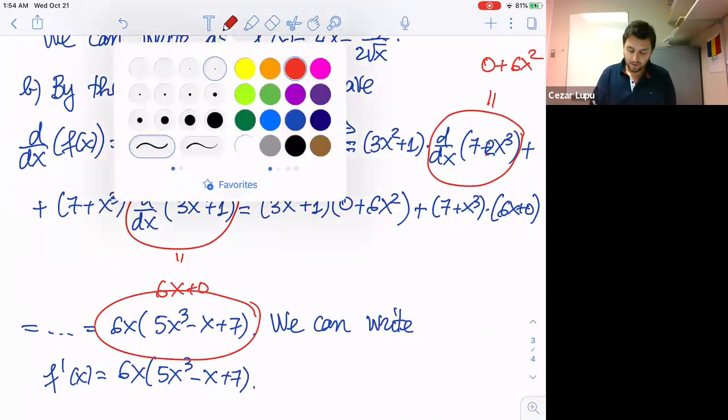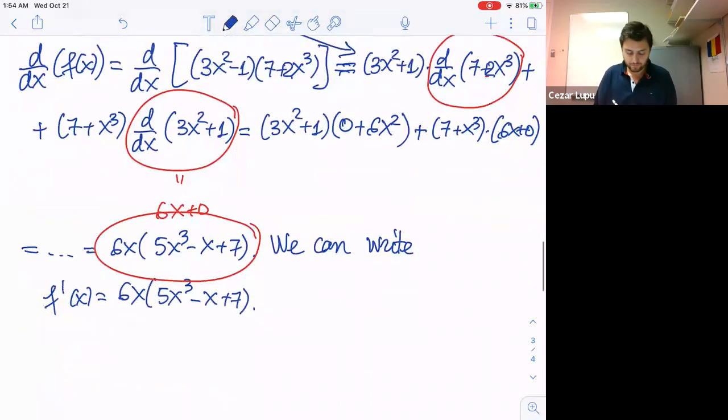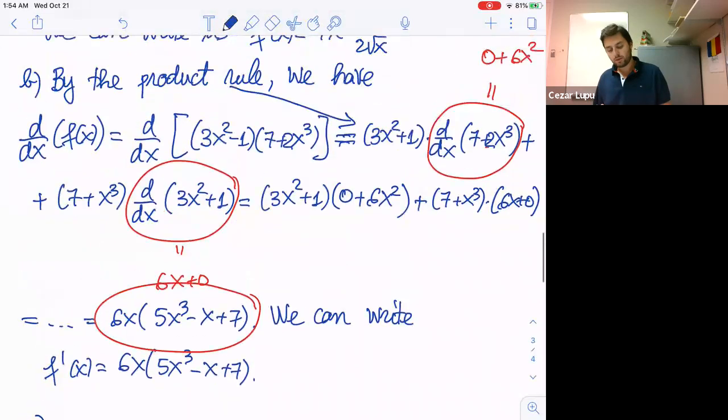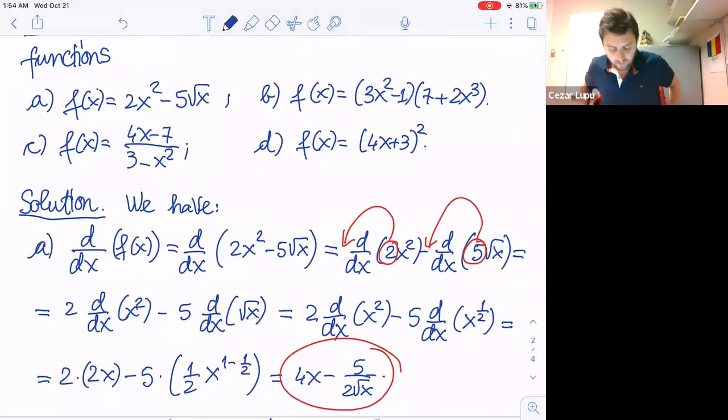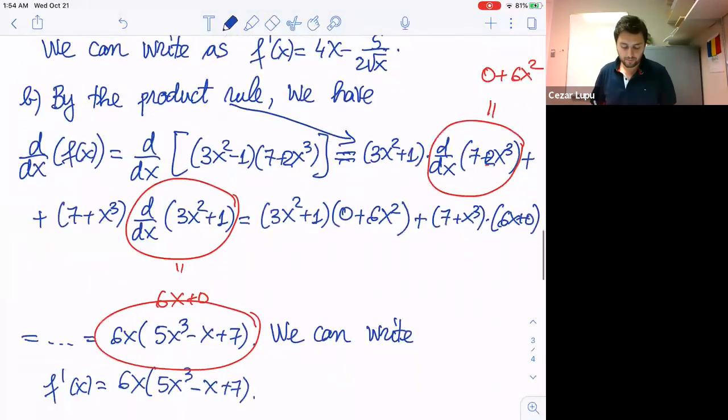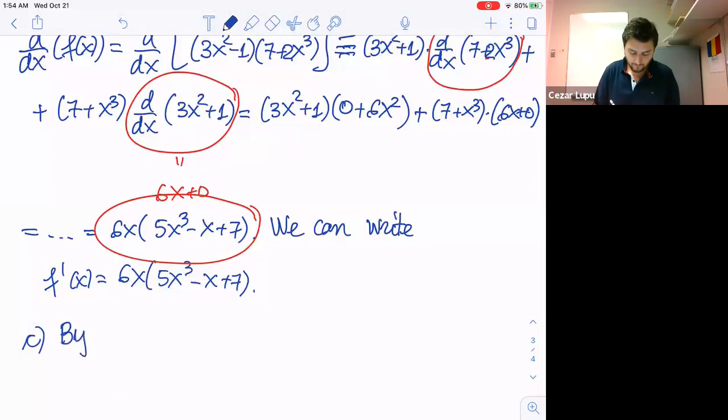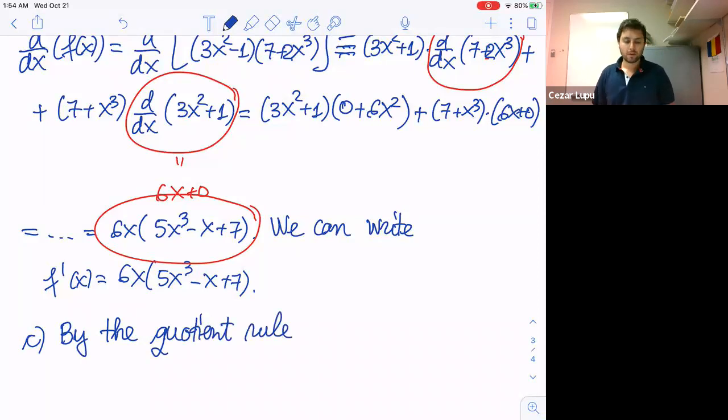All right. Now let's see the third one. What do we have in the third one? We have the quotient of two functions. Here we apply the quotient rule. What do we have?